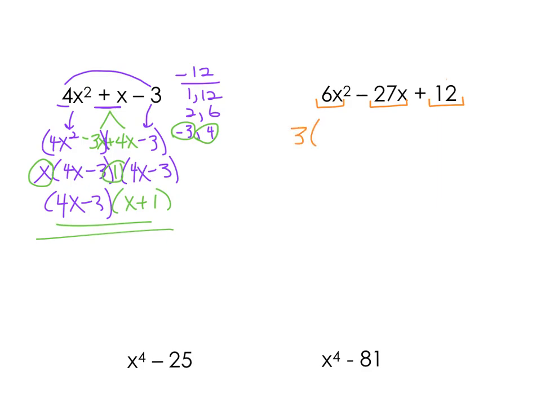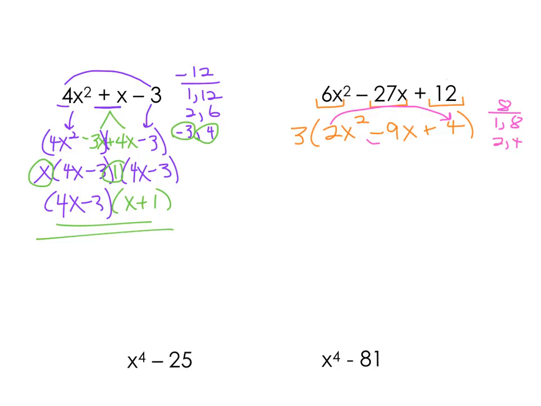If you take out that common factor, that would give us 3 times 2x squared minus 9x plus 4. Now, unfortunately, we're still going to have to do a times c, split the b, but that 3 will stay out in front. So we're just going to look at the 2 times 4. 2 times 4 is 8. Factors of 8 are 1 and 8 and just 2 and 4.